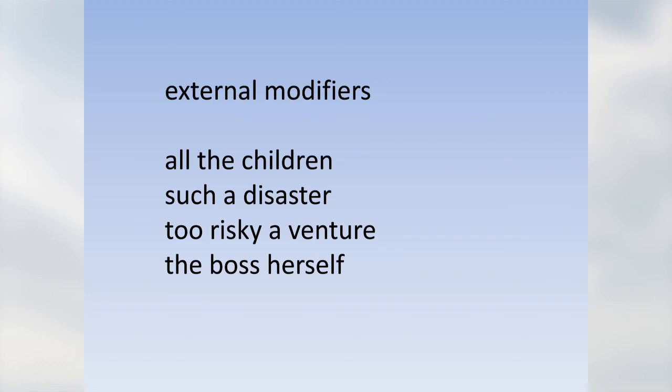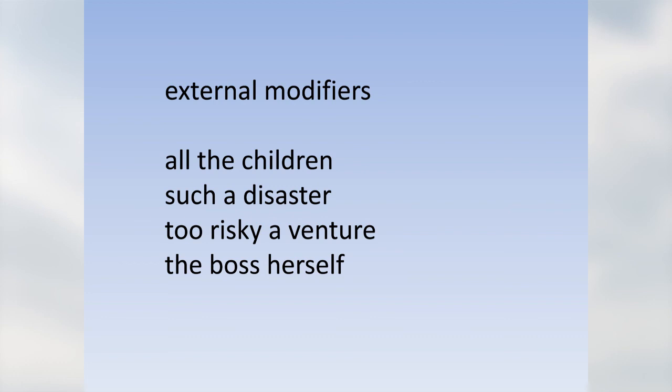This is different from the phrases where you had the determiner and then an adjective phrase and then a noun, like a little boy. Those are more common, right? But you can do it this way sometimes. And when you have your determiner and your head, a venture, and then you put an adjective phrase outside of that, you call it an external modifier.